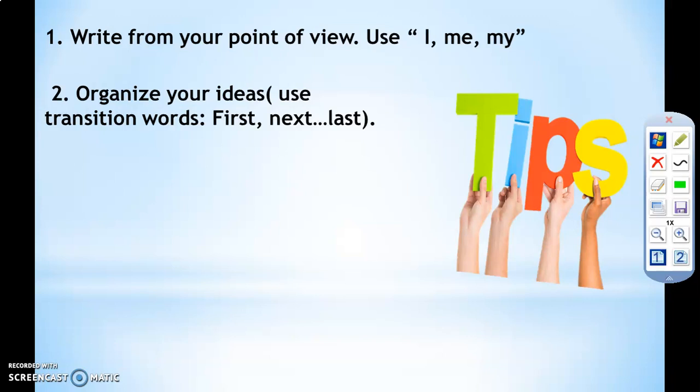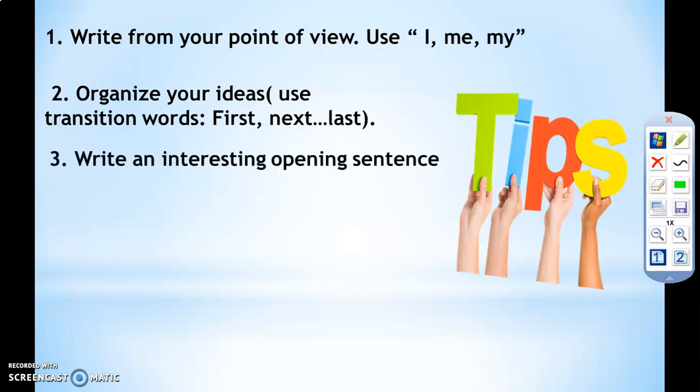That means you have to use transition words to show the order of events: what happened first, what happened next, what happened after that, and what happened last. That's how we should organize our ideas when we are writing.